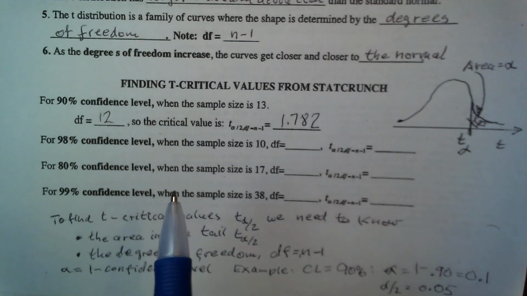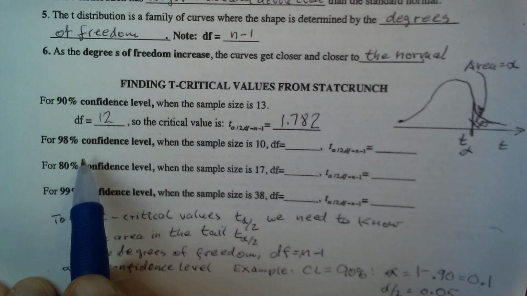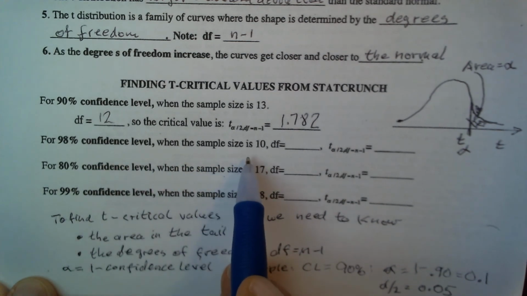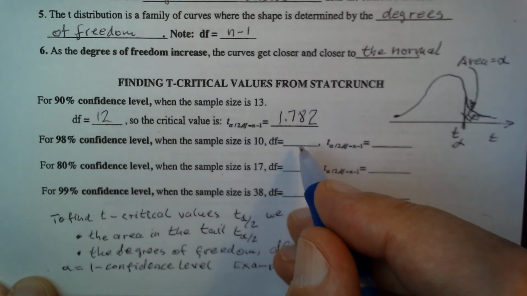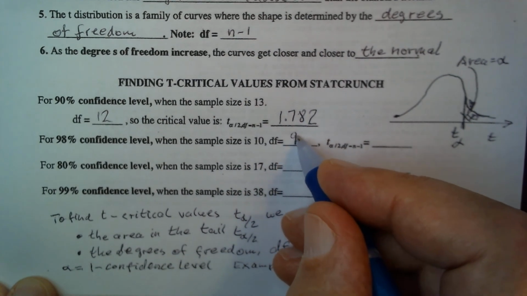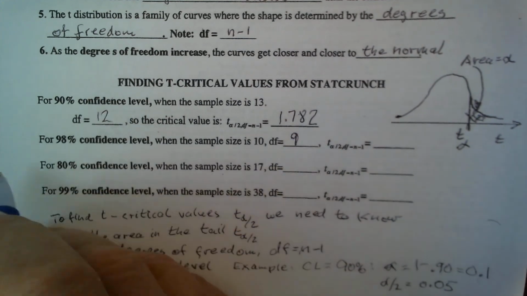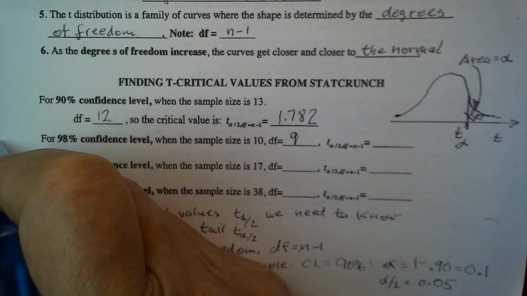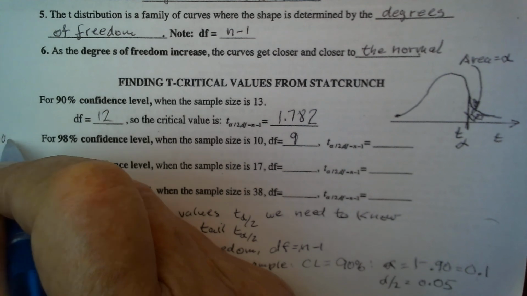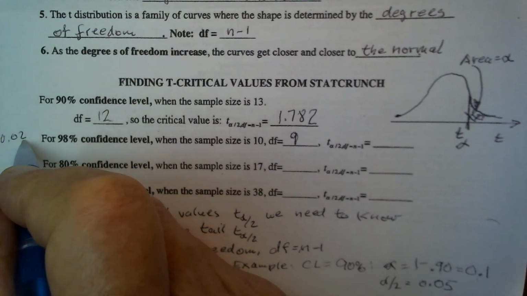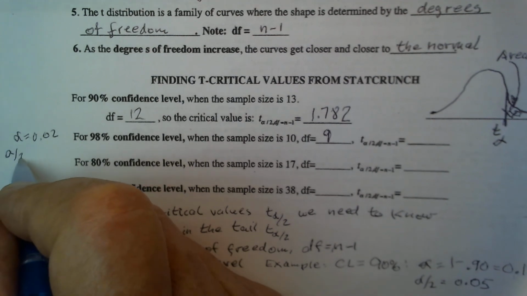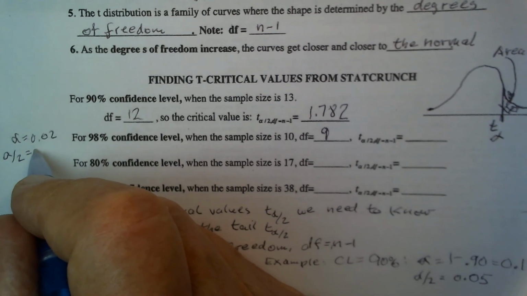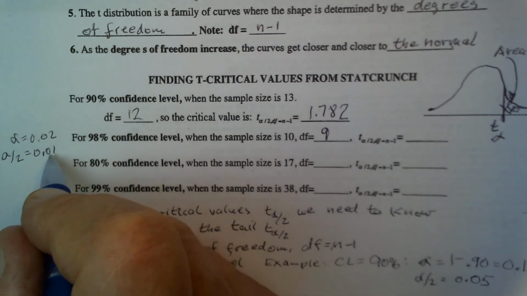Similarly, for a 98% confidence level, when the sample size is 10, the degrees of freedom is 9. In this case, alpha would be 2%, or 0.02, and alpha divided by 2, the area in the right tail, would be 0.01.